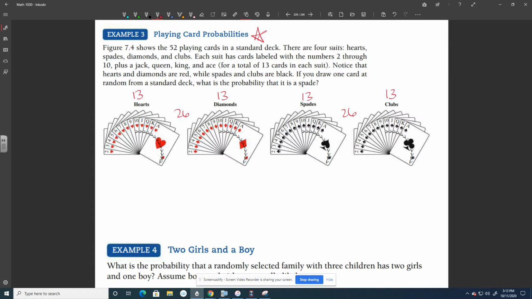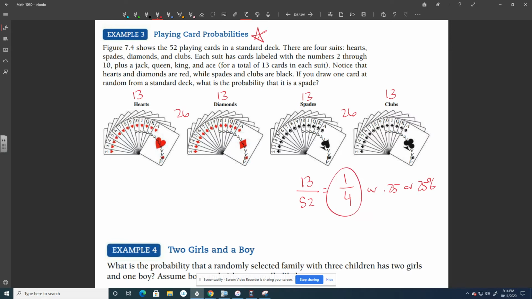All right. So this question, example 3, says that if you draw 1 card at random from a standard deck, what's the probability that you get a spade? Well, total, there's 52 cards. 13 of them are spades, and that simplifies to 1/4 or 0.25 or 25%.